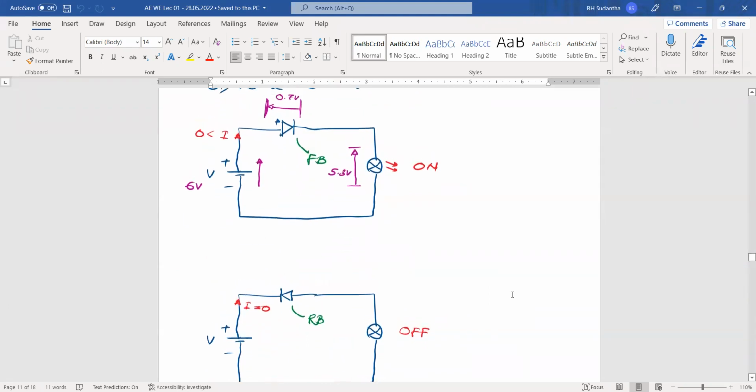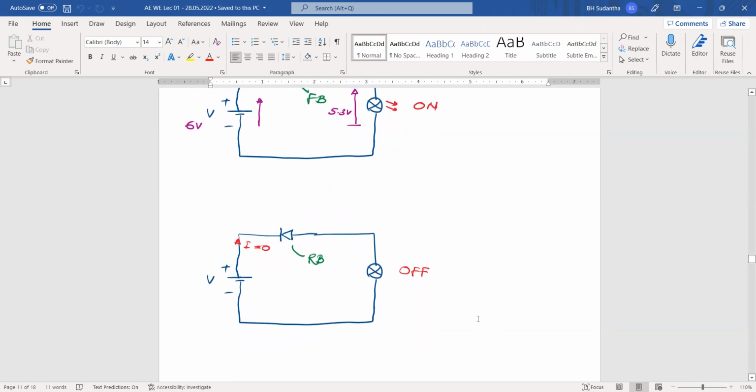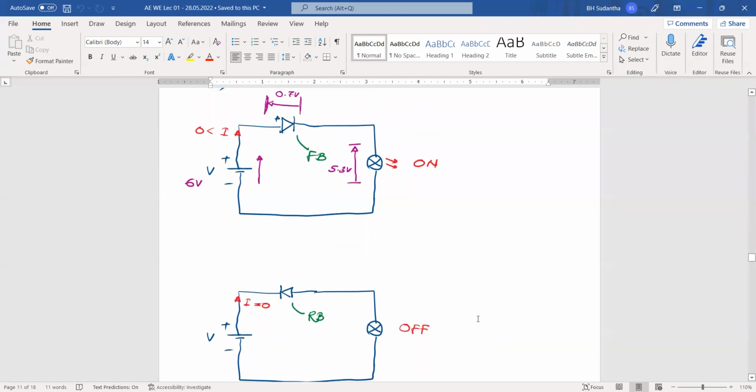In forward bias mode, we can consider the diode switched on. With forward bias, the diode can conduct. In reverse bias, the diode is not conducting. That's the summary. When we forward bias the diode, if it is a silicon diode, we have 0.7 volts voltage drop across the diode, and if it is germanium, it may be 0.3 volts.